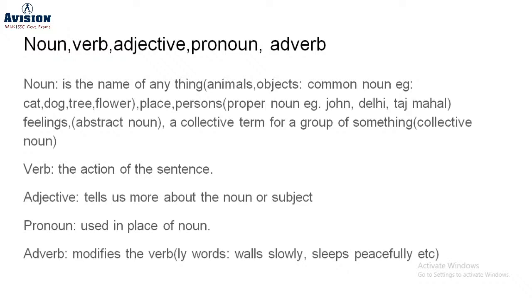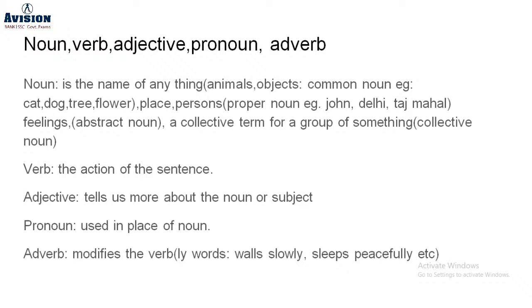Then next we come to verb, about which we will be talking in detail later in this video. But now I'm just telling you the basic definition and the function of this part of speech. Verb is the action of the sentence, right? For example, in the simplest form, let us take an example like Ravi walks to school.